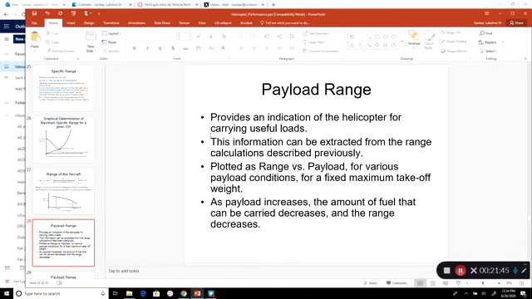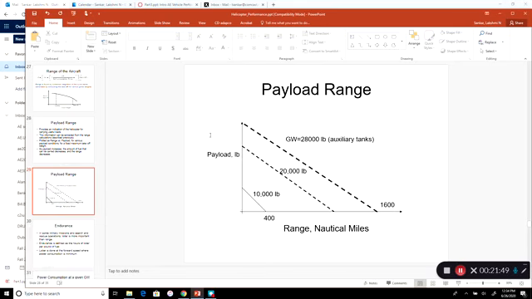People sometimes want to know the payload range. Basically, they plot for various payloads. The higher the payload, the higher the gross weight, then the shorter distance you can travel. Lower the payload, for a given gross weight, higher the fuel, so you can travel farther. So many things affect this. Why is this 28,000?